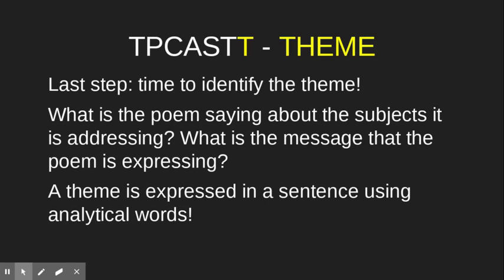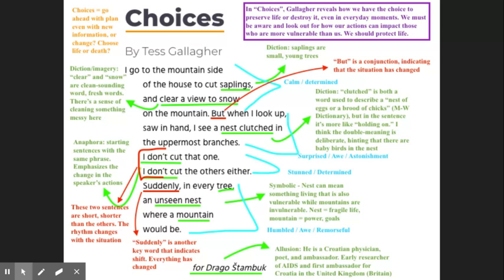And this can be a little bit tricky, this part, but because of all the work that you've done, all the work that I did here with the connotation, the attitude, the shifts, and even looking back at the title again, I think I have an idea for the theme. Up in the top in the purple, you can see I'm working it out. How Gallagher reveals how we have the choice to preserve life or destroy it, even in everyday moments.